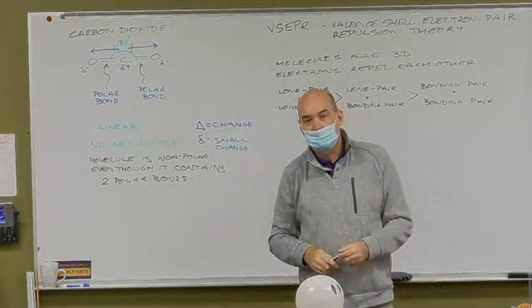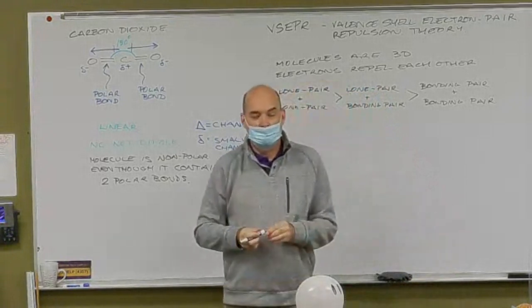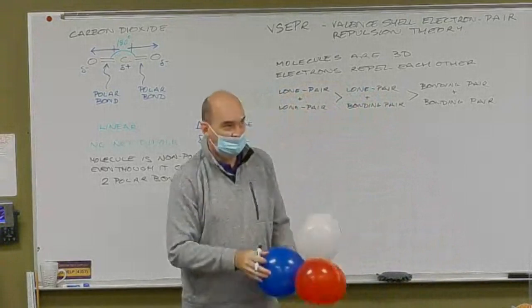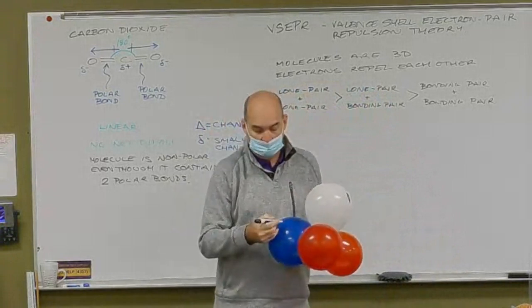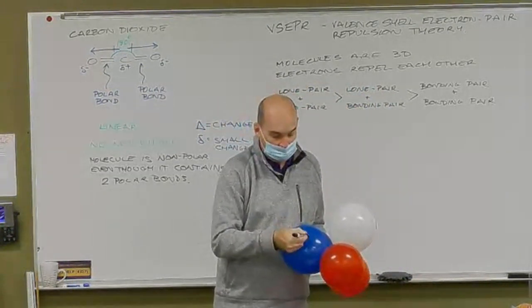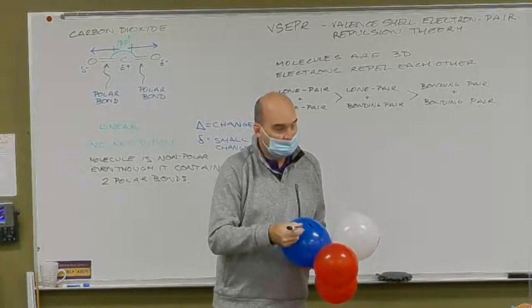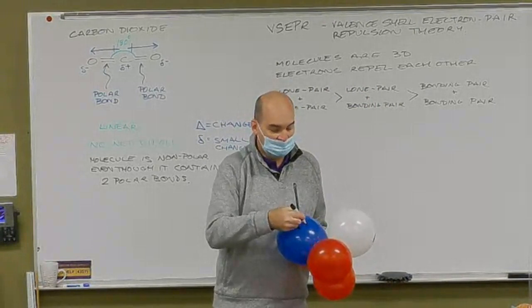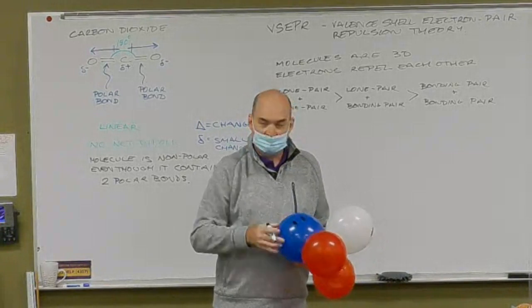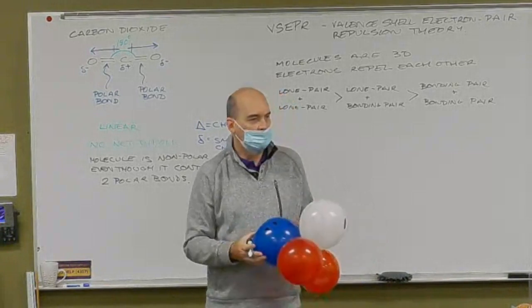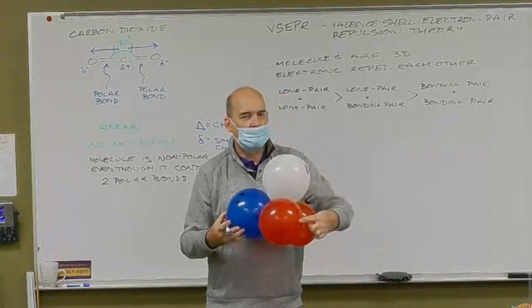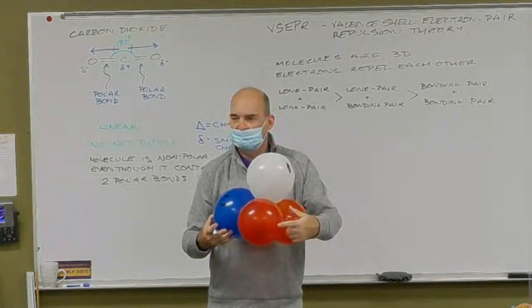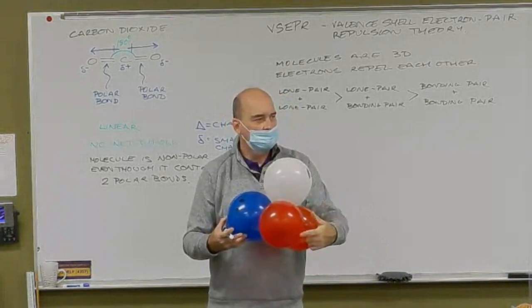If I move one additional step to the right, then I get to the oxygen. And oxygen, group 6, 6 valence electrons, but only 2 of them are bonding electrons, the unpaired electrons.